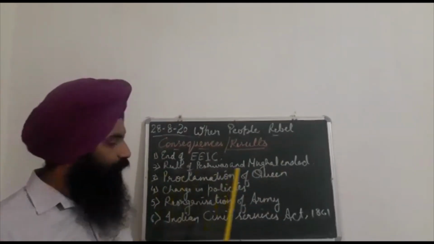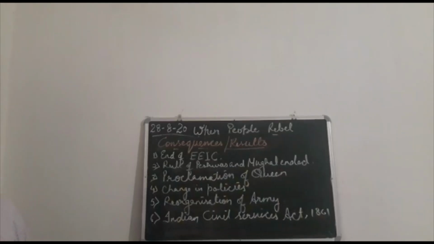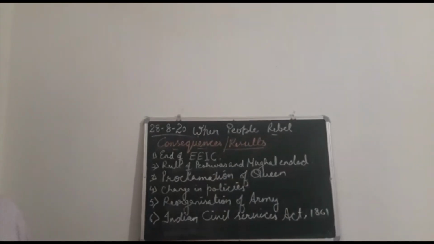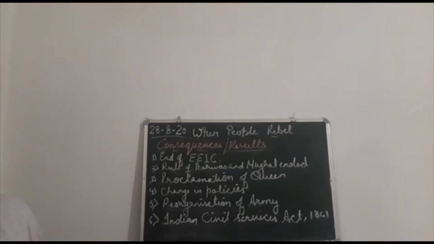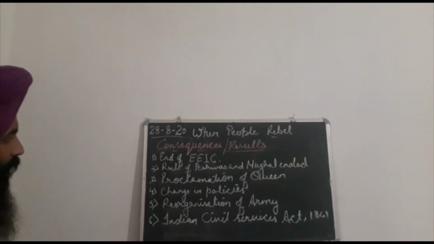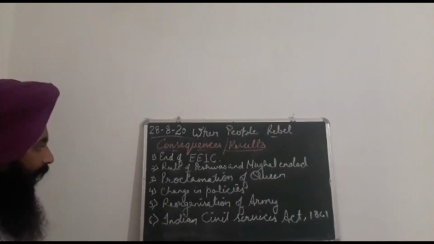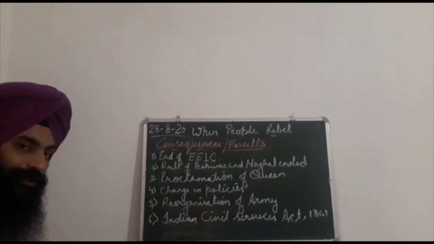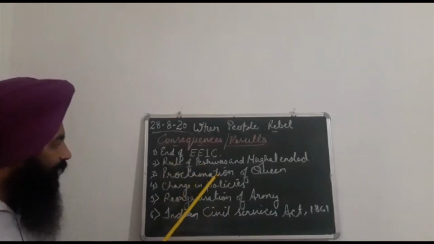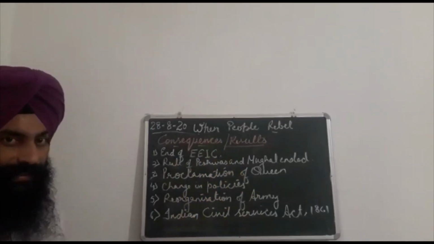Third one, the proclamation of the Queen. After the revolt of 1857, by the Queen's proclamation in 1858, the princes of the states were assured of their continuity, with no more annexation on the pretext of various excuses. So Indian rulers and princes were assured of the continuation of their rule without annexation by the Britishers upon their territories.